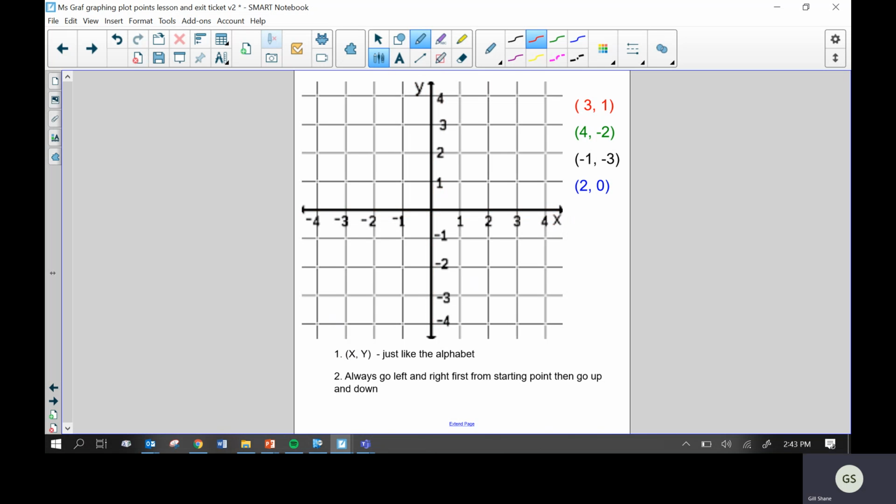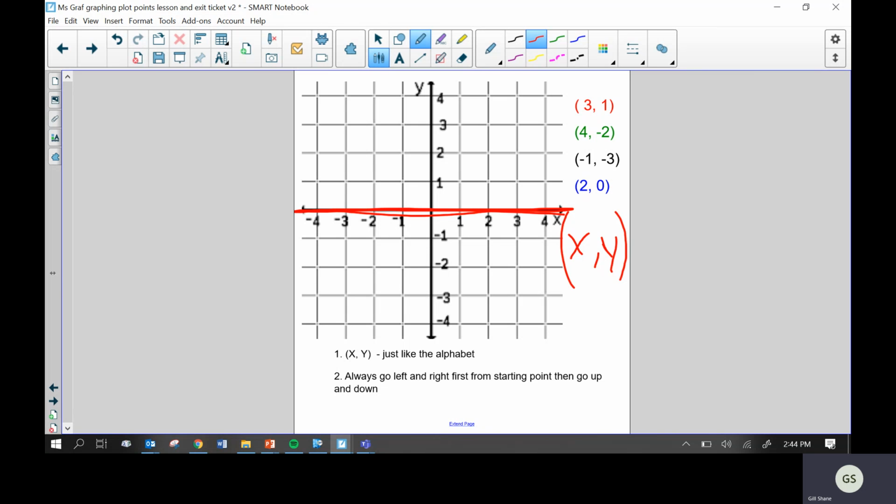And then when we have a coordinate, like you see these coordinates over here, 3, 1, 4, -2, -1, -3, 2, 0, all of those are in the format of x first and then y. Hopefully you remember that. Since x is first and this is the x-axis, that's why we go left and right first, because the first term is x.